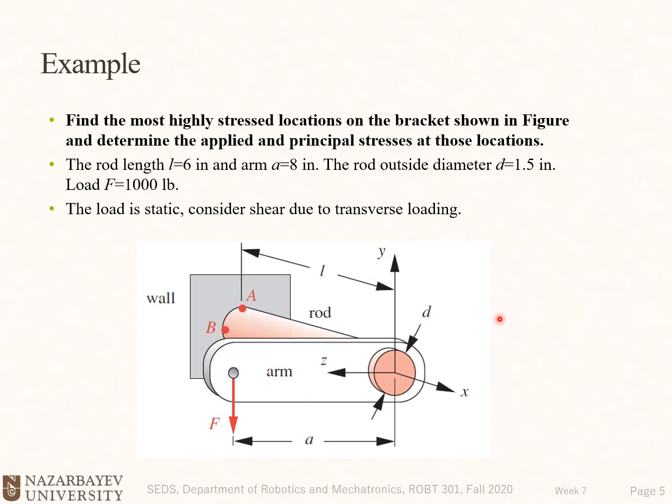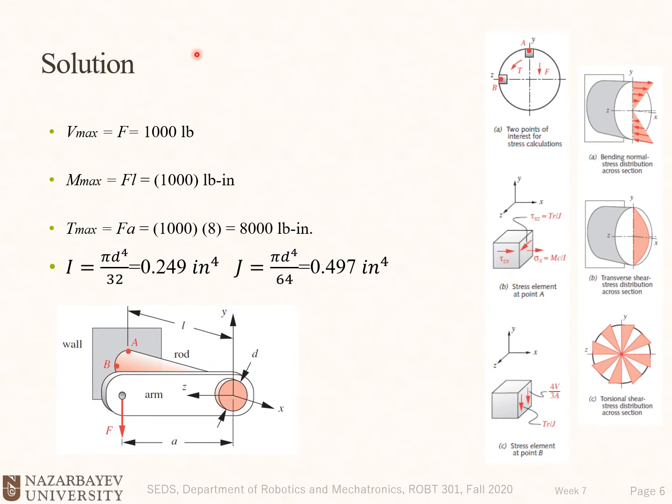So what we need to do is go and look at the free body diagram and find the bending moment, the shear force, and the torsion torque. So here we have our bracket again. On the base, the shear force will be equal to F, which is equal to 1,000.